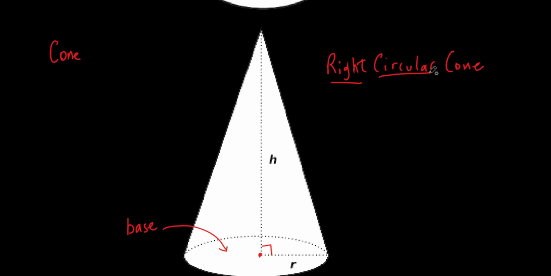Okay, it's circular. Why is it circular? Because the base is a circle. And it's a cone because, now watch, these sides don't go straight up, do they? That's something else we'll talk about in a few minutes. They go to a point. See that point right there? I believe they call that point a vertex. Let me just double check.